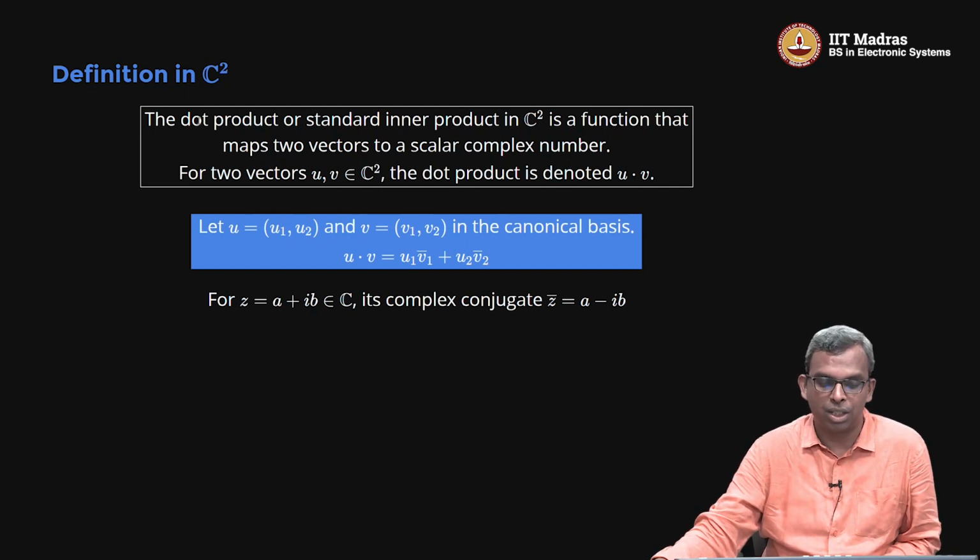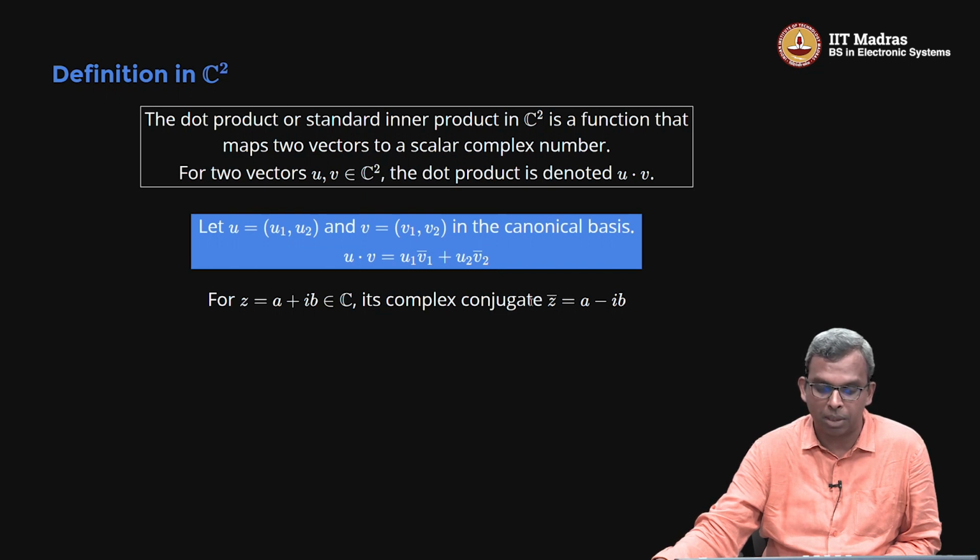But here is the definition: the standard inner product in C2 is also denoted u dot v. Notice how this dot is the same depending on which space you are in, so you have to define it carefully. Let us say u is u1, u2 and v is v1, v2 in the canonical basis in C2. And notice the difference here. U dot v is u1 v1 bar plus u2 v2 bar. You remember this bar, right?